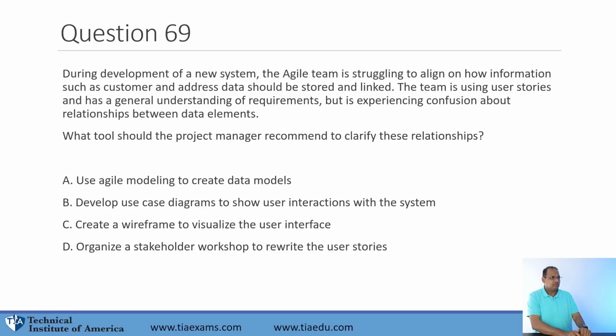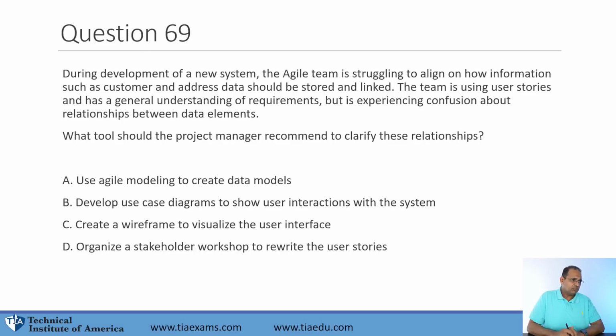Question. During development of a new system, the Agile team is struggling to align on how information such as customer and address data should be stored and linked. The team is using user stories and has a general understanding of requirements, but is experiencing confusion about relationships between data elements.